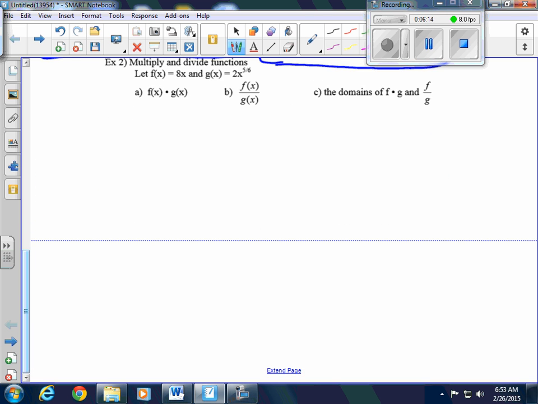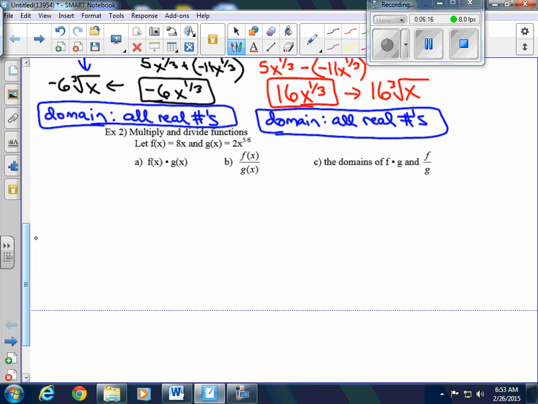So let's jump down to example 2. We're going to multiply and divide functions now. So f of x here is 8x. So we're going to have 8x times g of x, which is 2 times x to the 5/6. So we're simply going to multiply these. 8 times 2 is 16. And then I have x times x to the 5/6. Well, this exponent is 1, which is equal to 6/6, because we have to add our like terms.